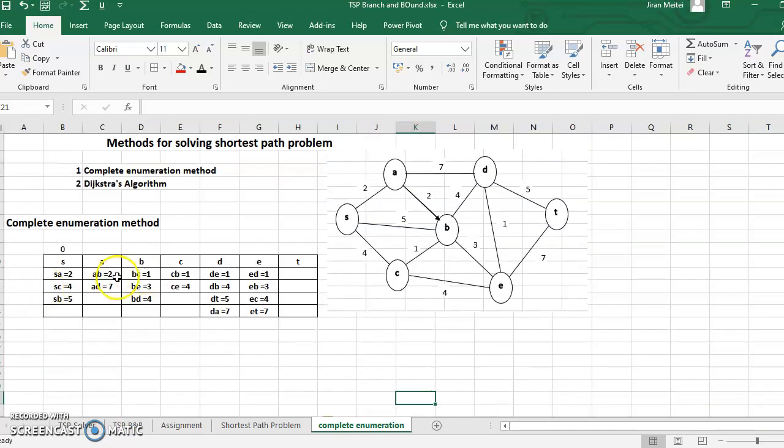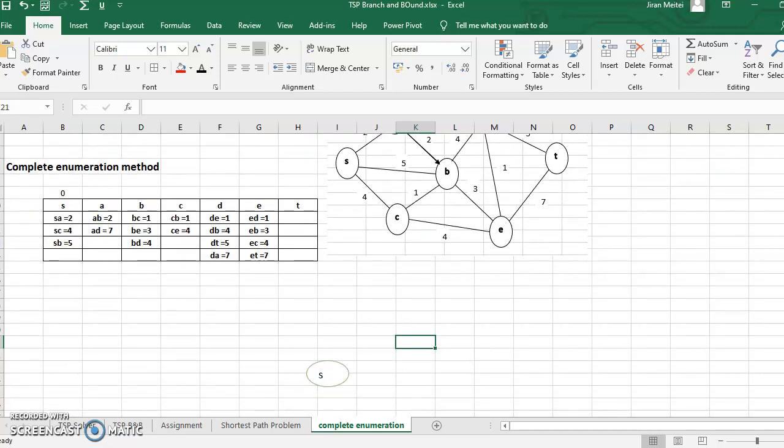The reaching out to the other nodes of the network will be done on the basis of the connections given in this column. The nearest node to S is A. So the next node of the tree will be the node A, with a distance of 2 plus 0, which is 2. You will be reaching from S to A. Let me color this one. This node has been used.